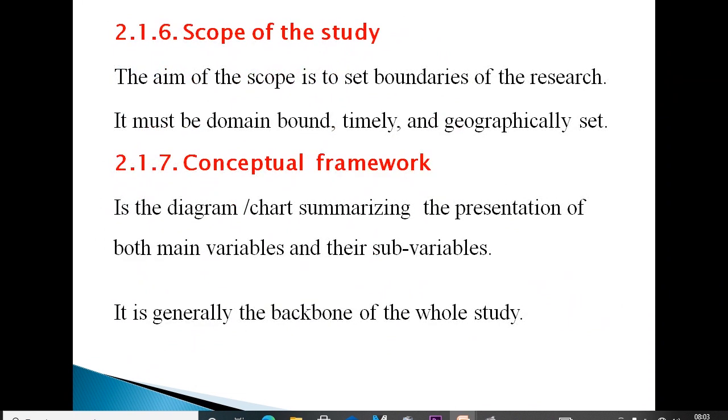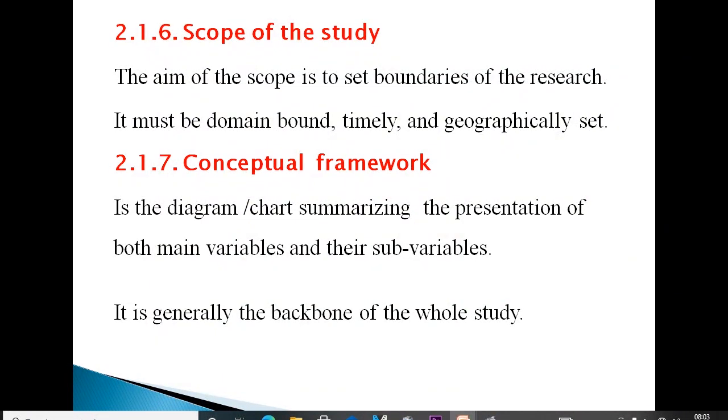After the significance of the study, the 6th subtitle of the general introduction is the scope of the study. The aim of the scope of the study is to set boundaries of the research. Setting those boundaries must be domain bound, timely, and geographically set.